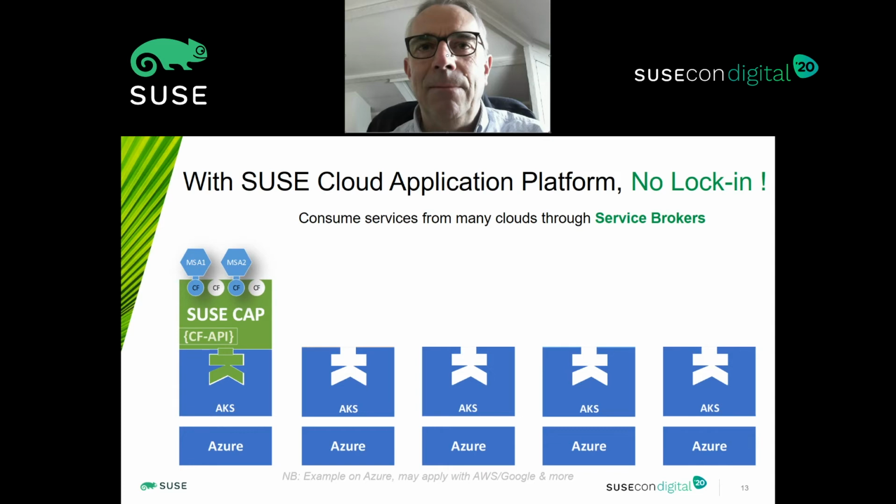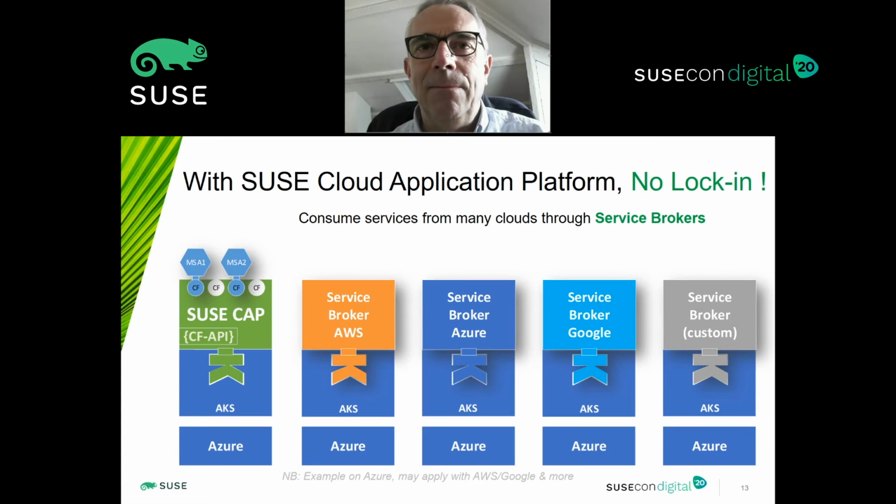Here we see one CAP instance deployed in Azure that can consume services through the various brokers, can be AWS, Azure, Google, or even a custom service broker developed to encapsulate your own set of services. And your application can seamlessly use and consume any service provided by any of these brokers. With SUSE CAP, you are free to choose the services you need from whatever cloud offering. Again, no lock-in.